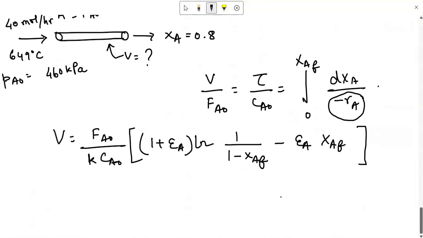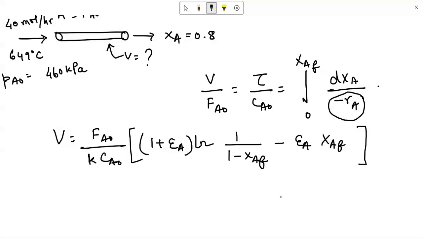If you remember, towards the very beginning of this lecture series, I said that when you are dealing with gases, it is important that you do not directly use the pressure term. You must use the gas law to convert the pressure terms to concentration terms and then use it for further calculations.